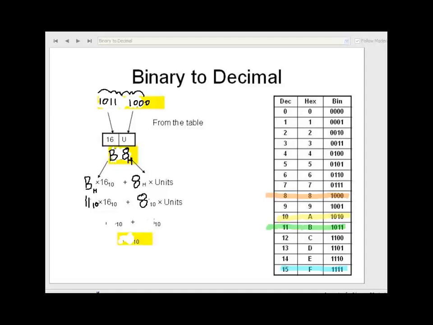So I have 11 16ths and 8 units. 11 16ths is 176, and 8 times 1 is 8. So 176 plus 8 must be 184.